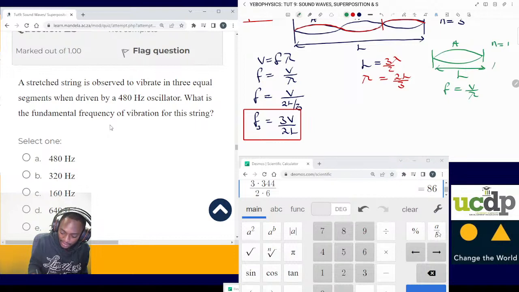In this case our L is equal to lambda over 2. As you can see, the length is half the wavelength, which means our wavelength is equal to 2L. So our frequency is equal to v over 2L.